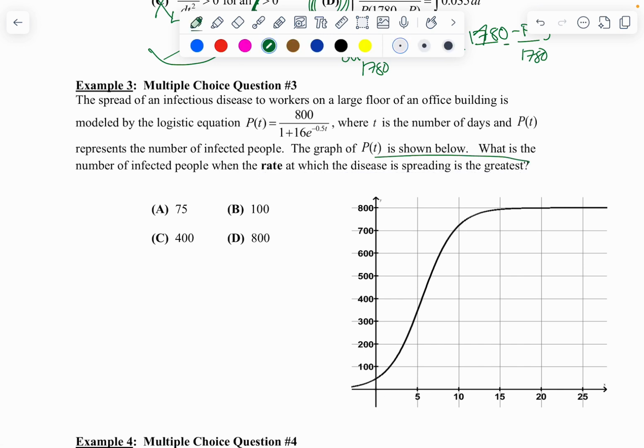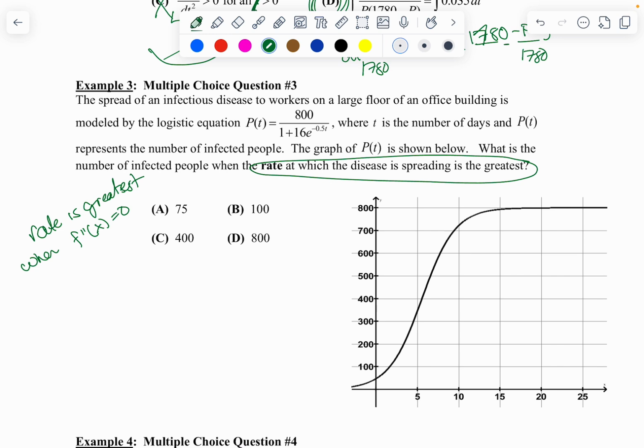So anytime they are asking for the rate being the greatest, that is going to be where there is a change in concavity, correct? Remember, when the rate is the greatest, it's when the second derivative is equal to 0, because that would tell us that the first derivative was a max or a min.